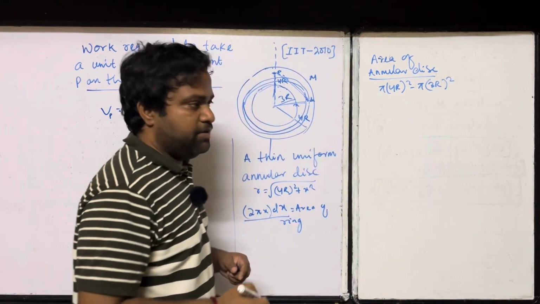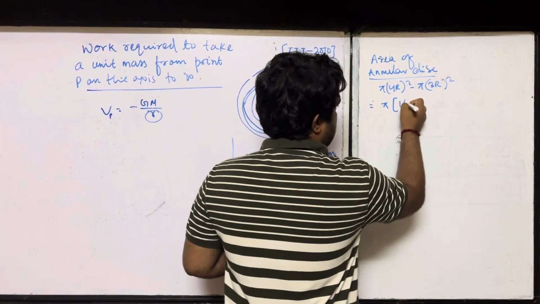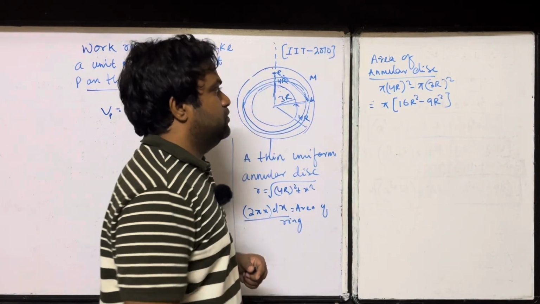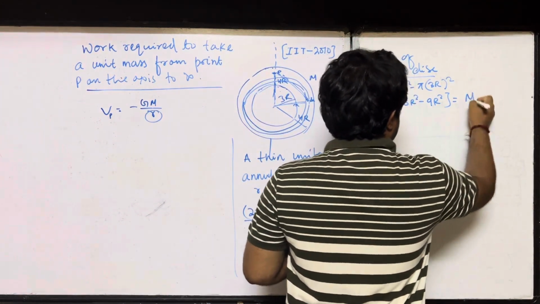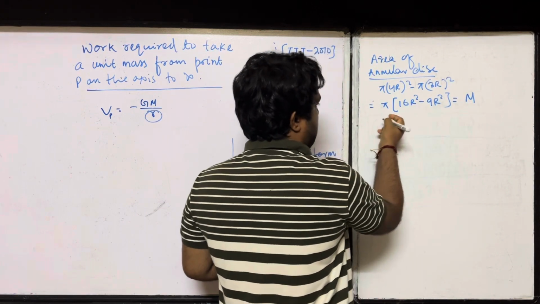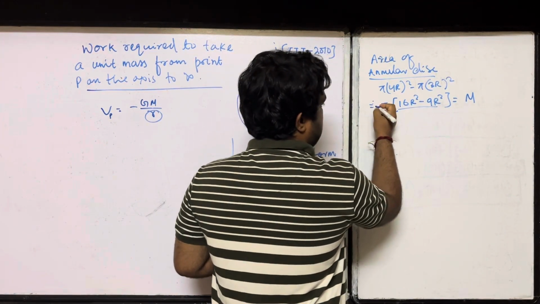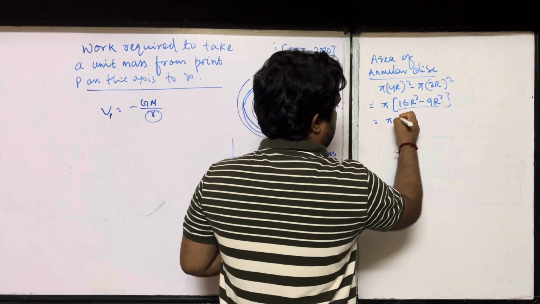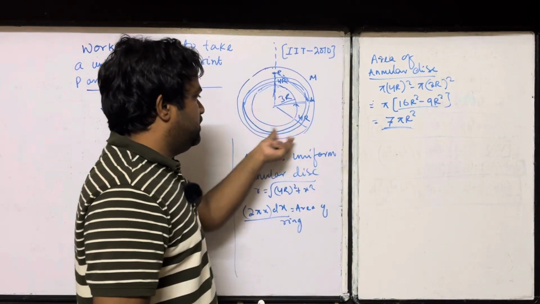Or you can say pi common, 16r square minus 9r square, which is 7 pi r square. So this is the area of the annular disc.